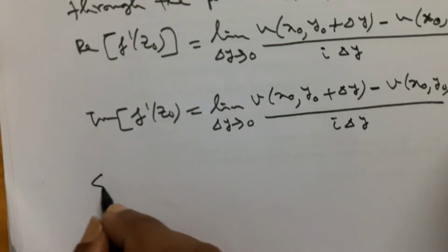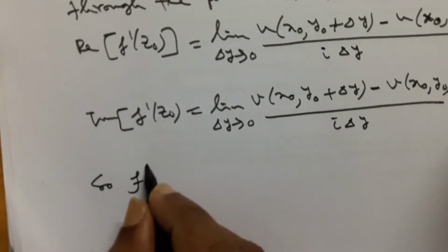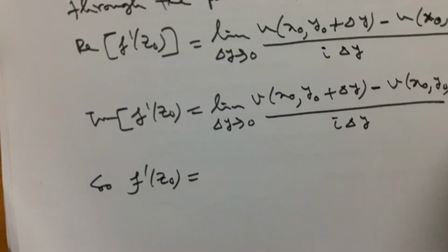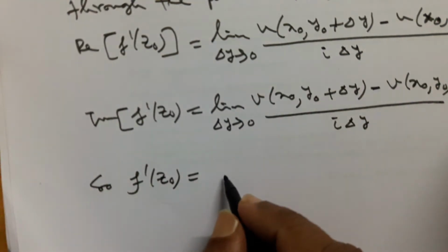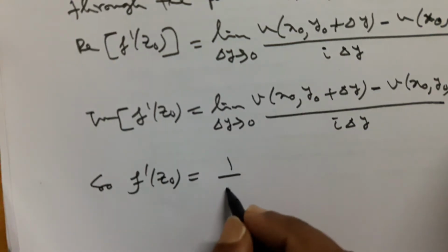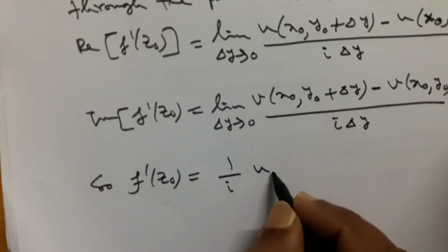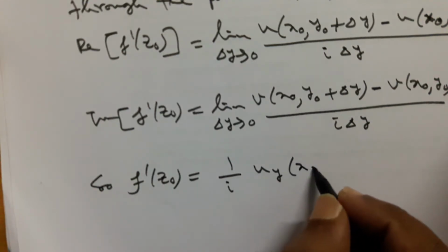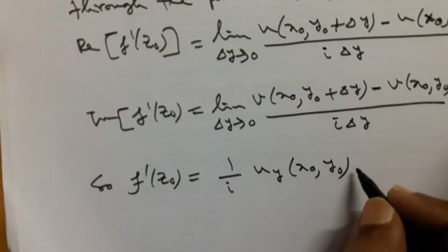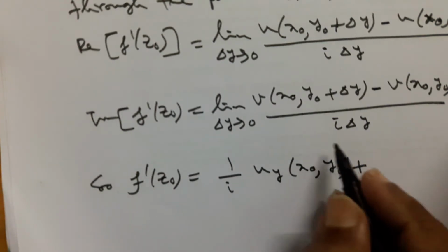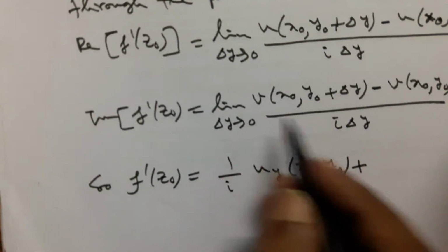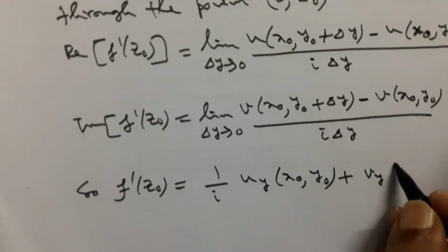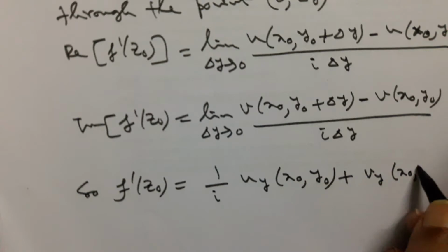So we have f dash of z0, in the case of the real part, equal to 1 by i times uy, that is del u del y at x0, y0, plus, for the imaginary part, the i cancels, vy of x0, y0.